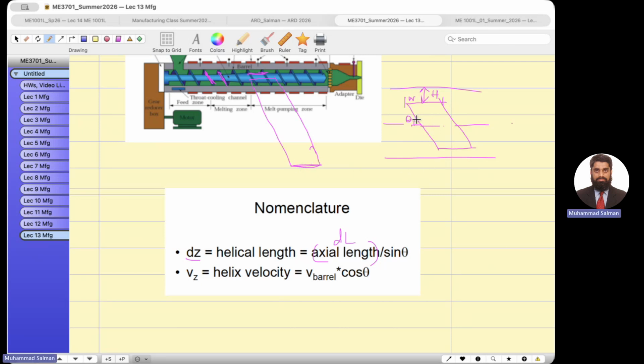So this is my axial. This is, sorry, this is my helical length. We call it D, the small part. Okay, if you take it. So if I draw a line here, what is DL? This is DC. You will see.